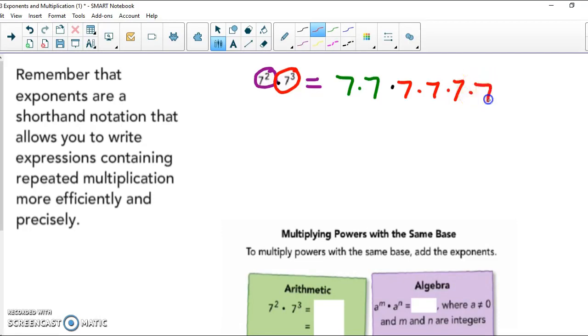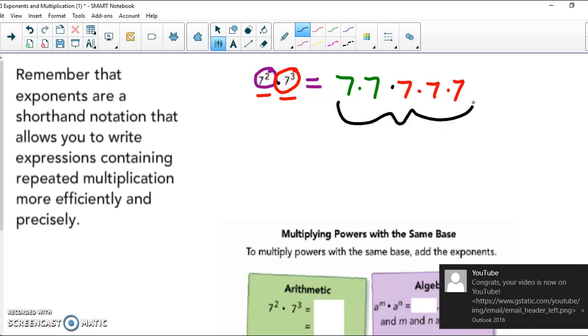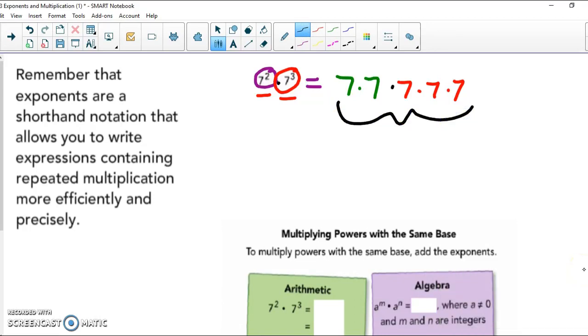That's 3 sevens, which is what I wanted. So I have 7 squared times 7 cubed. So what I actually have is 7 multiplied by itself 5 times, right? So 7 is a factor here 5 times.